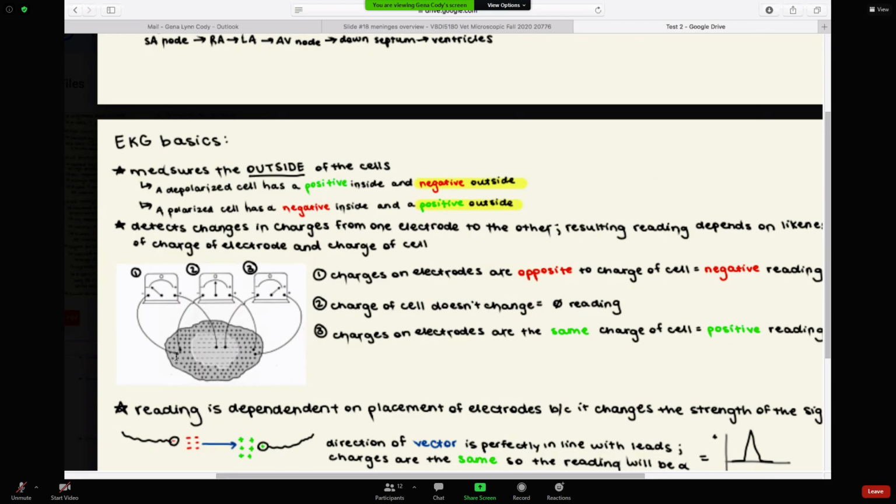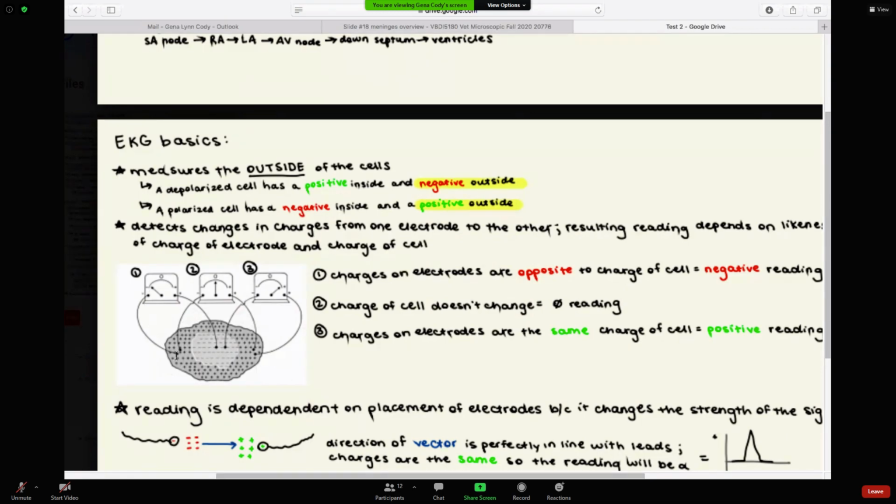Depolarized. So if it's outside positive, that means the inside is negative and it is polarized. Sorry, I said depolarized, but I didn't mean it. So if it's negative outside, like this center of the tissue, that means it's positive on the inside, and that means it's depolarized.